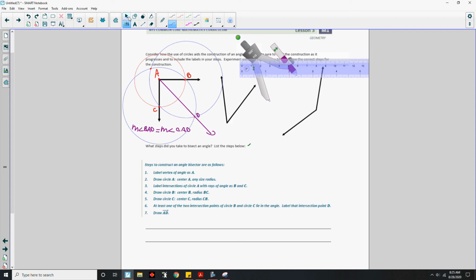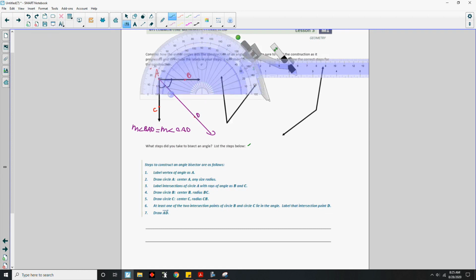And then I'm going to just delete my circles so you can see that these 2 angles are congruent. This is congruent to that. And I could check that, and I will this time, but only this time.